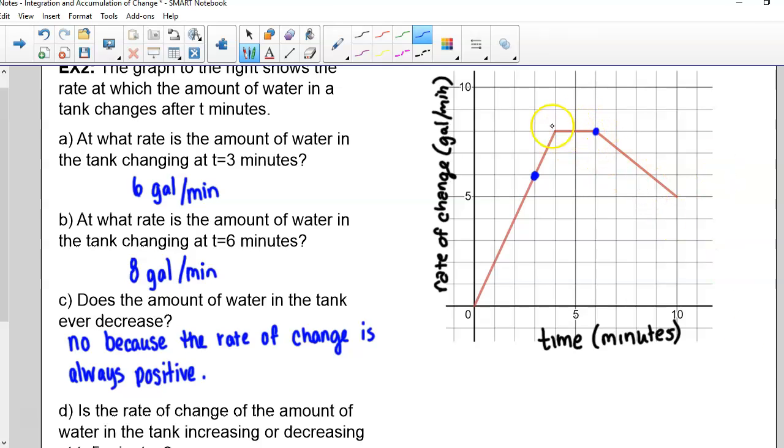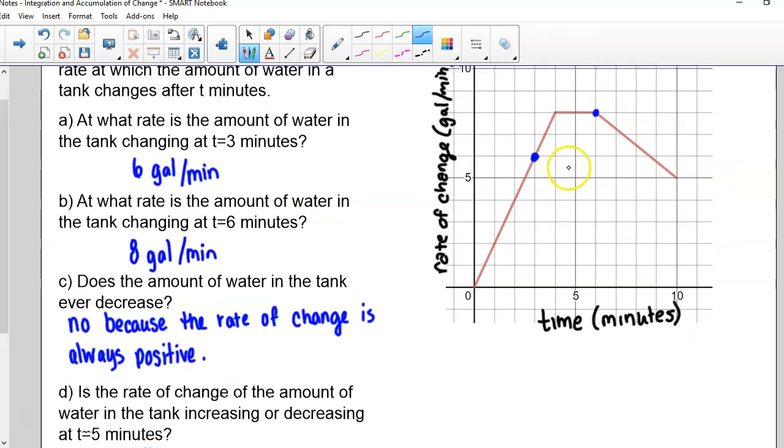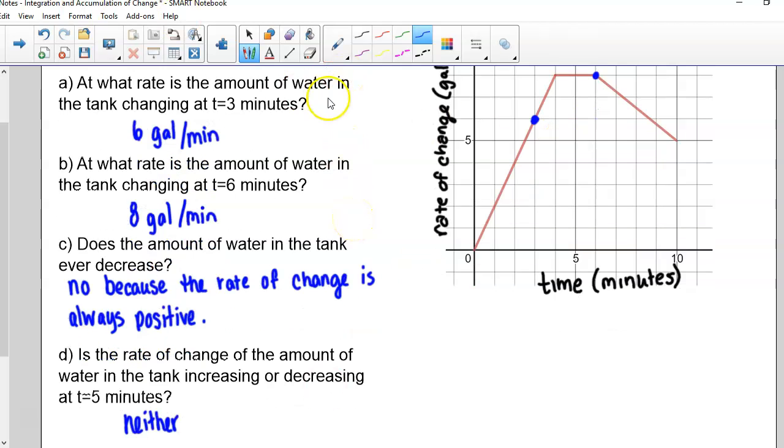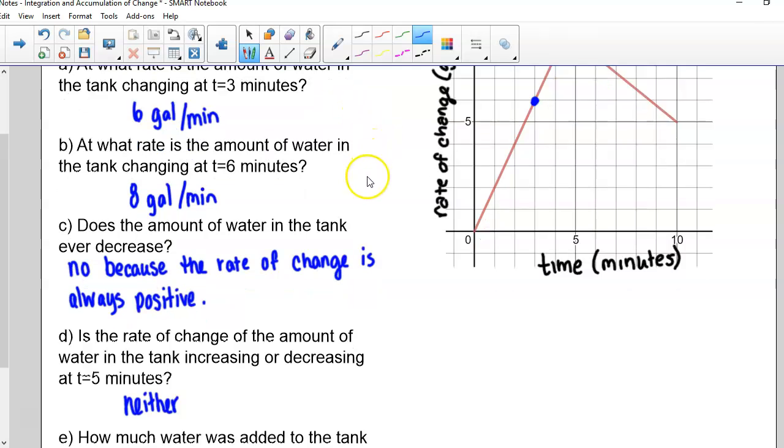It would be constant right here at 5 minutes, or you could think of looking at the slope, and the slope is 0 right here, so the rate of change is not changing. Okay, questions on that?